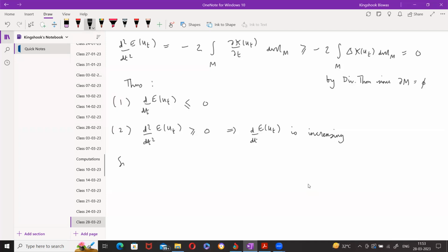So therefore, 1 and 2 imply that the limit, let me call it alpha, as t tends to infinity of the first derivative of the energy exists, right?